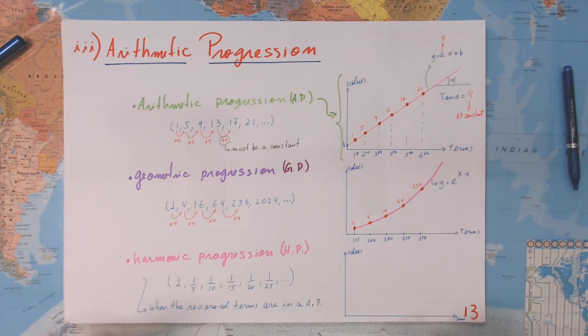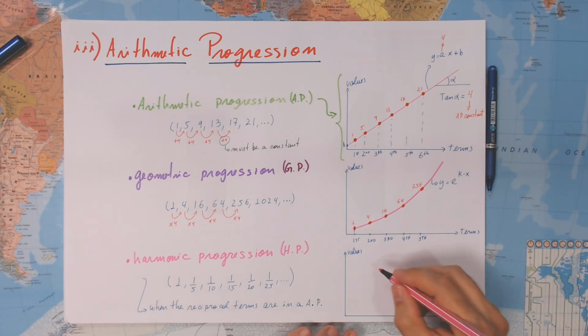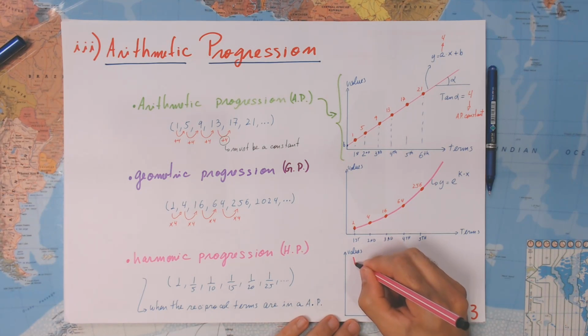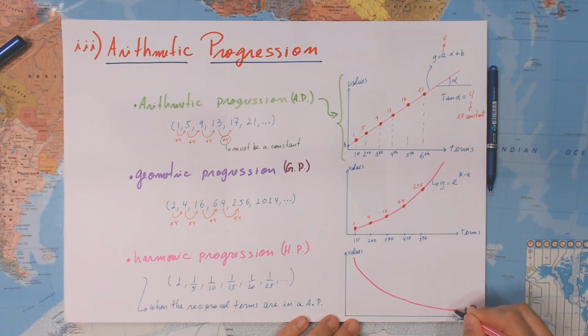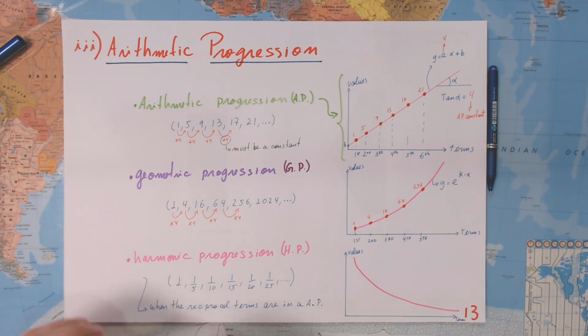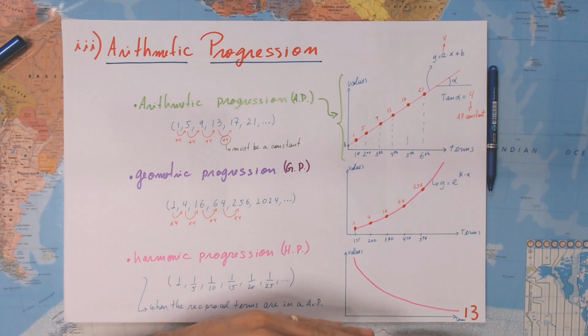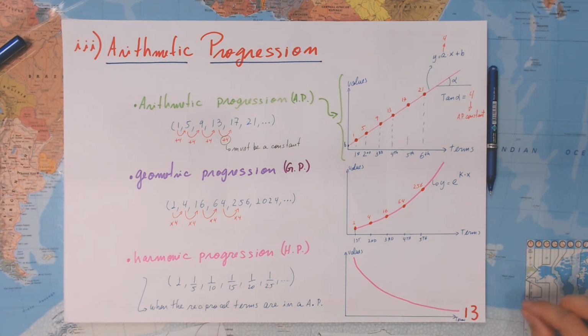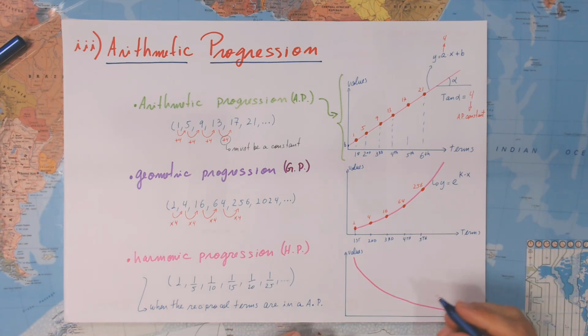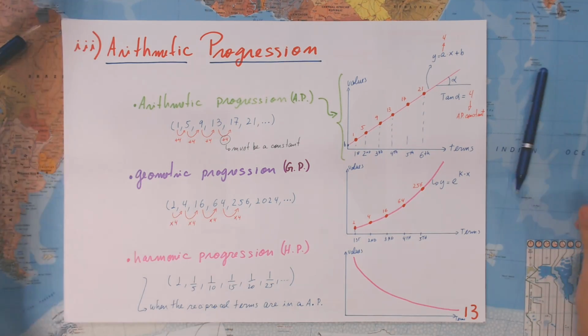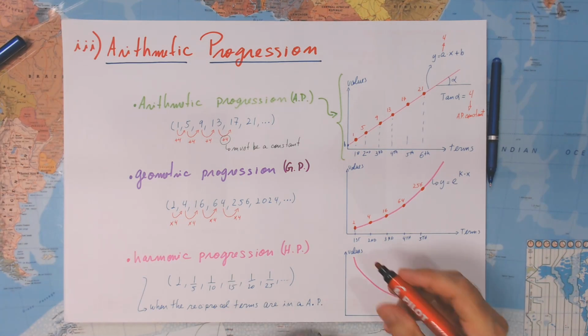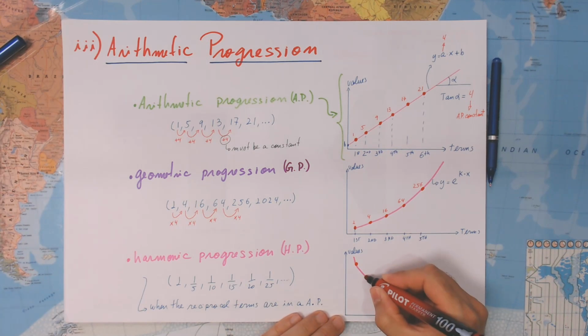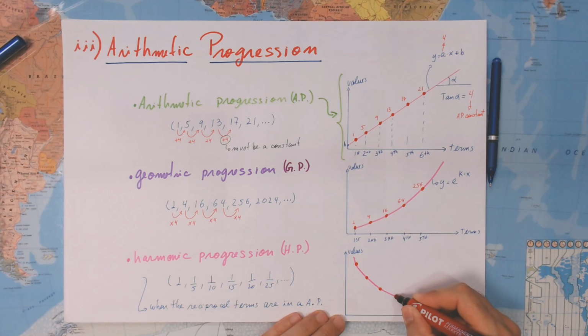And now, what is going on in here? Now we're going to get something like this. It is going to tend to touch 0. It is never going to touch the 0, but it's going to be very close to 0 at infinity. Okay, in here. And again, this is going to be my first term, my second, my third, my fourth, fifth, and so on.